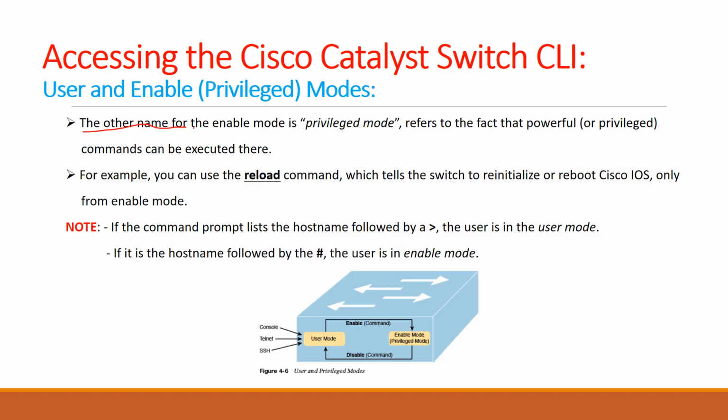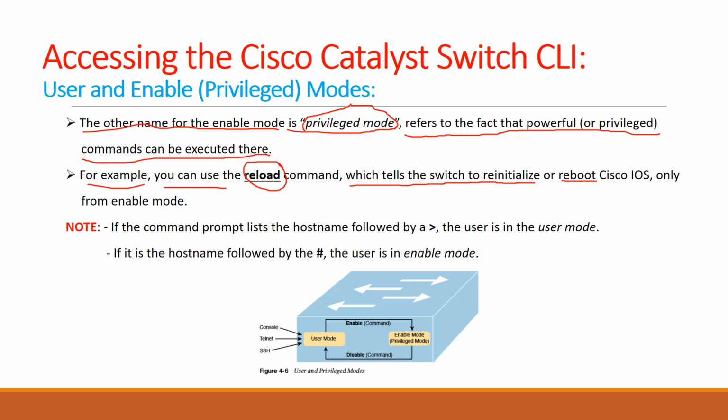The other name for the enable mode is privileged mode. It refers to the fact that powerful or privileged commands can be executed there. For example, you can use the reload command in the enable mode, which tells the switch to reinitialize or reboot Cisco IOS, only from enable mode.